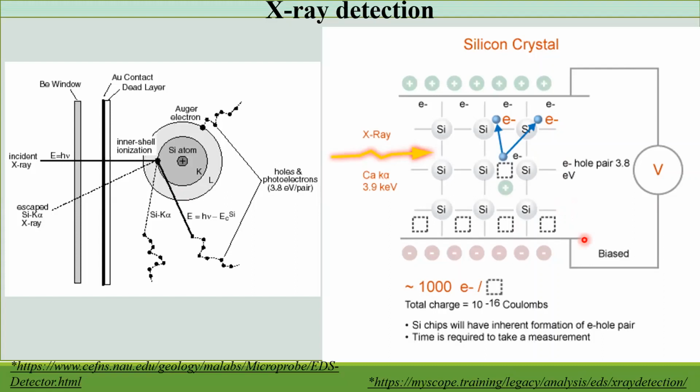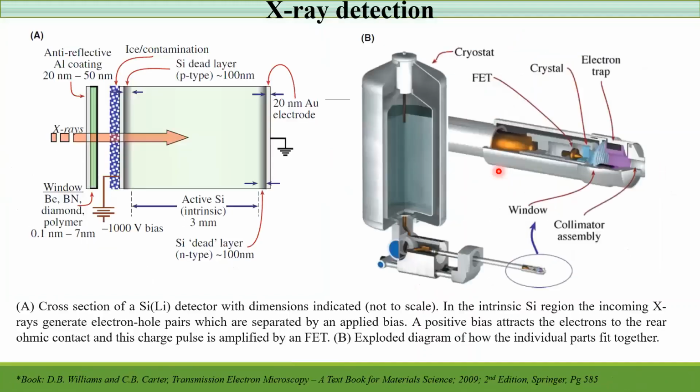That's how it identifies that such a K alpha with such energy must be coming from calcium, or if you are getting more keV, then it must be coming from copper or something else. That's why we identify such energy by the interaction with the silicon crystal within the detector.